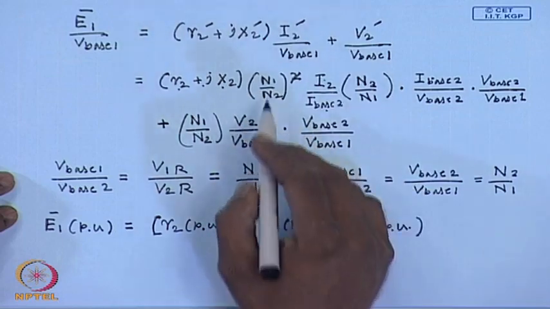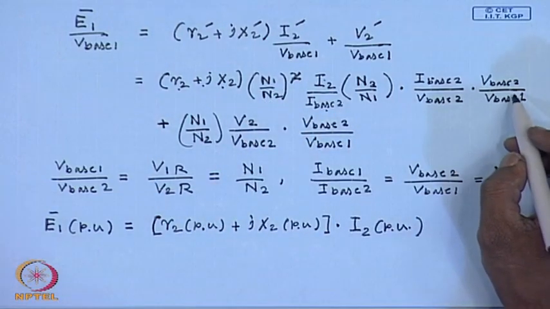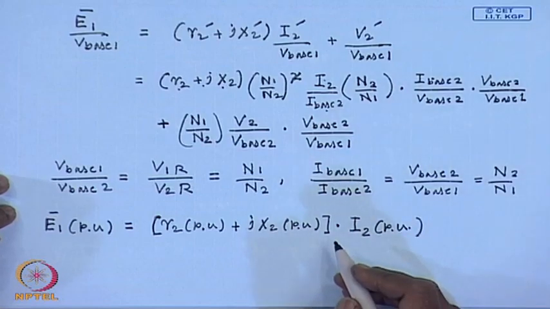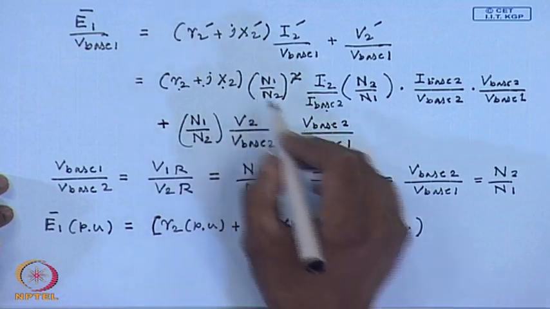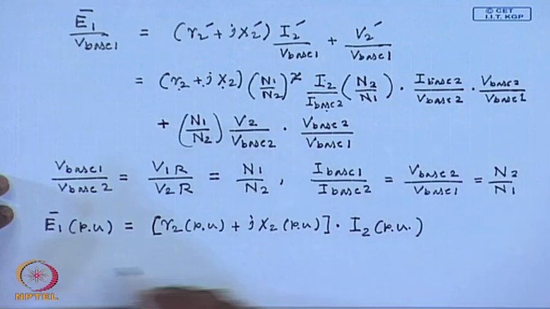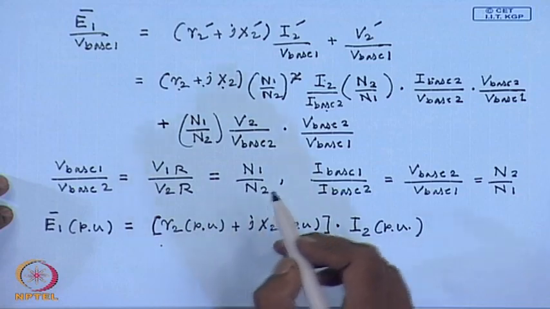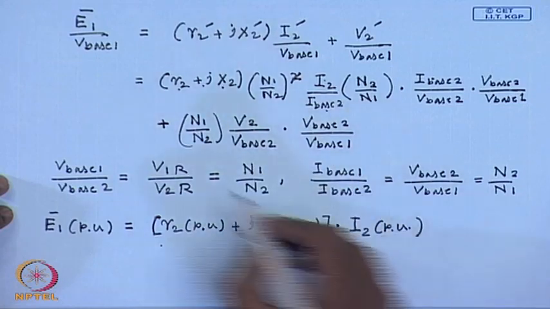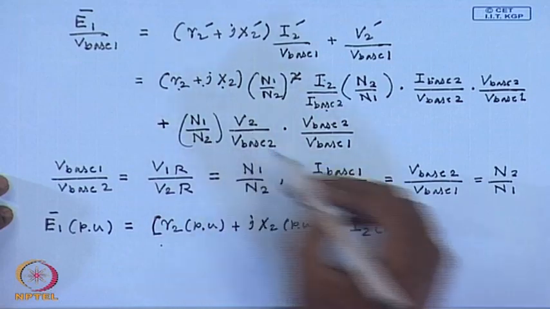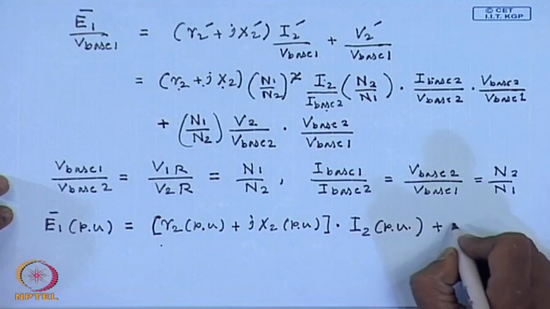So, this becomes n 1 by n 2 into V base 2 by V base 1, which is equal to 1. Therefore, this is what we get from this, and on this side we have n 1 by n 2 into V base 2 by V base 1, which is again 1, and we are left with only V 2 per unit.